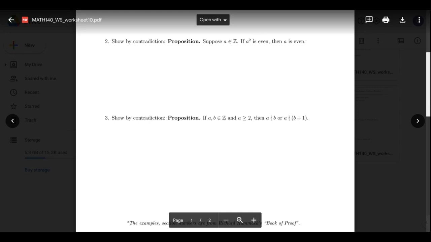But then we're assuming A is odd to prove that A squared is even. Right, we want to do that, but we won't be able to. Because if A is not even, it can be written as 2B plus 1. Then we substitute into A square, we calculate A square, and we prove that if A is not even, then A square is odd. However, we assumed A square is even. We assume P. So that's a contradiction.